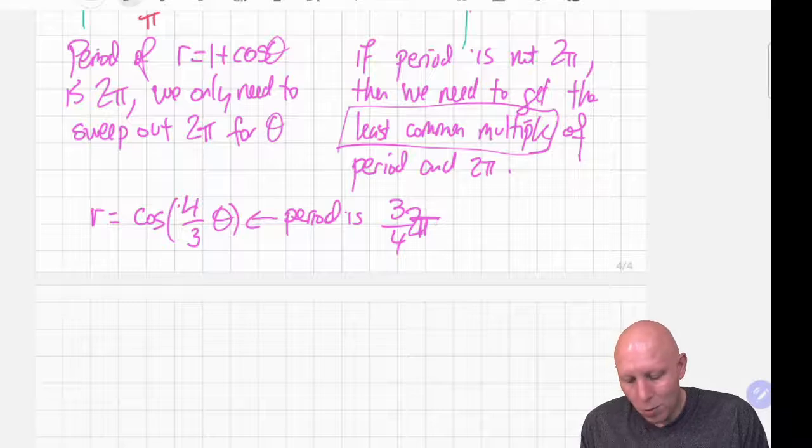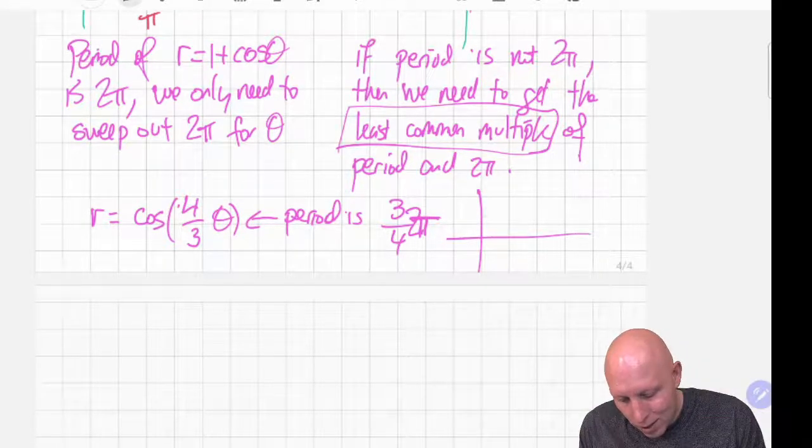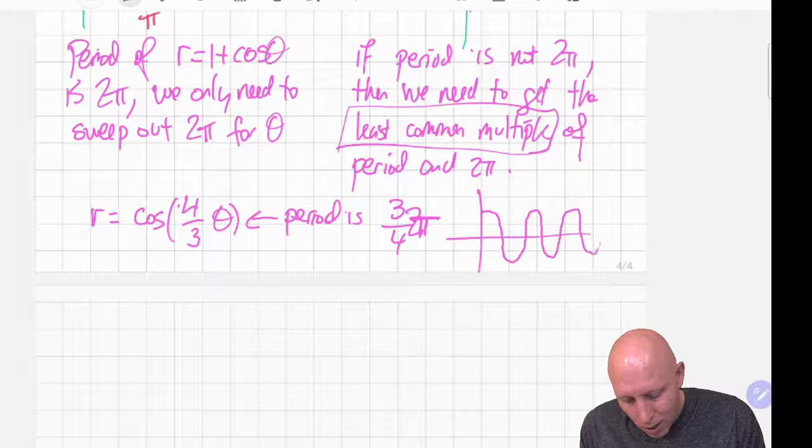So what we're seeing here is that this function is going to repeat every 3 pi over 2.